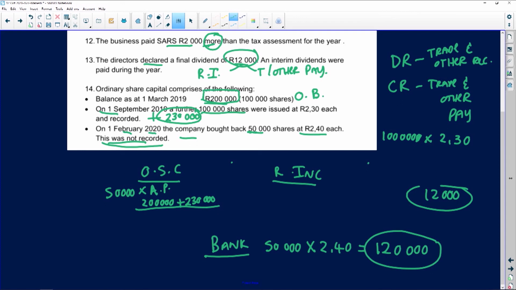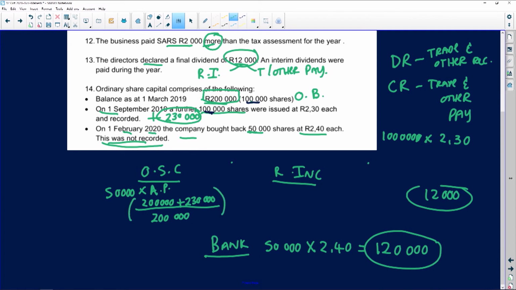At the beginning of the year there were 100,000. We then issued a further 100,000, so in issue there were a total of 200,000 shares. That's going to give me my average price.